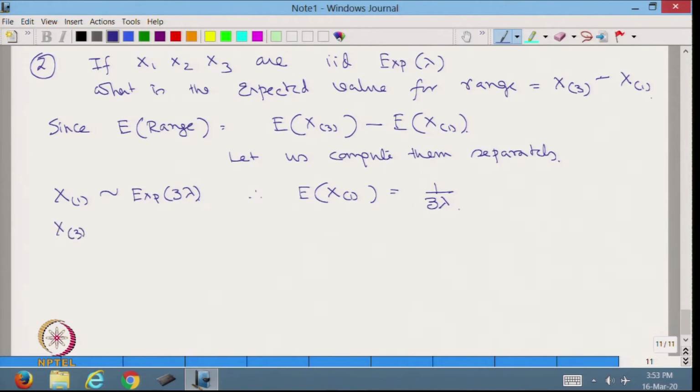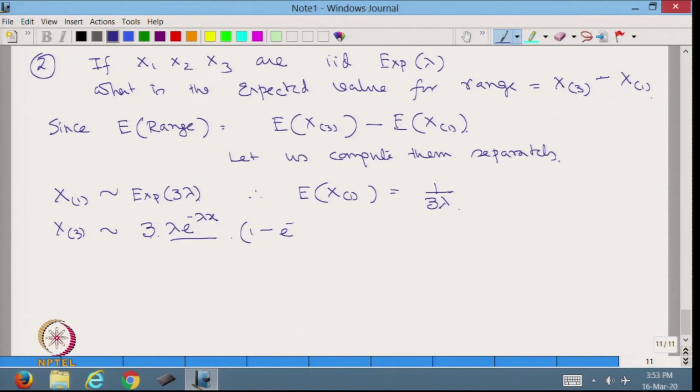Now, X3, what is the PDF? It is very simple. Out of 3, we choose 1. That can be done in 3 ways, and put it at the point x, that gives us f(x), and the remaining 2 are less than or equal to x.